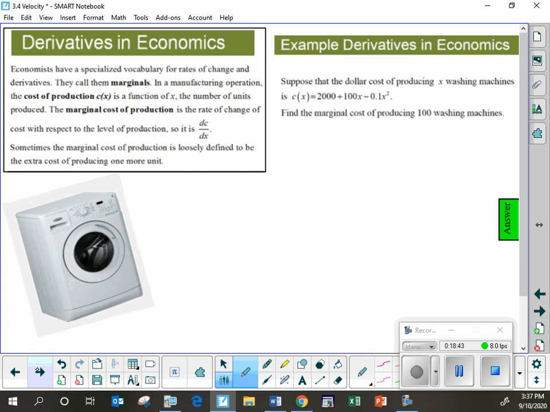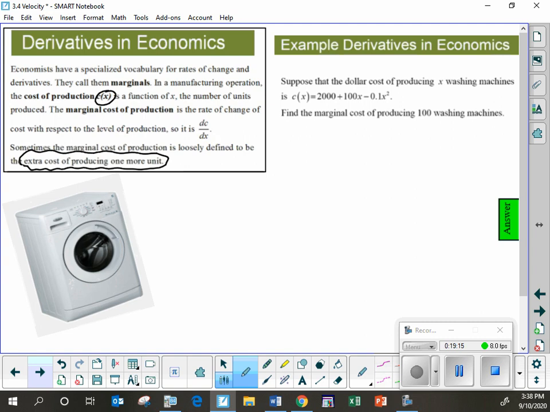So we can talk about the derivative of cost with respect to the units, dx, the change in units. Sometimes the marginal cost of production is loosely defined to be the extra cost of producing one more unit. So the example says, suppose the dollar cost of producing X washing machines is C of X. Here's our cost function. Find the marginal cost of producing 1,000 washing machines.